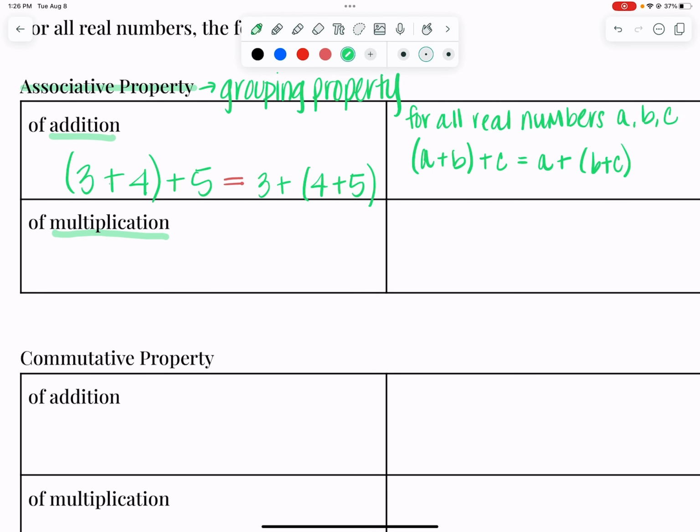The associative property of multiplication is very, very similar. The only thing we're going to change is the operation. So if I use the same numbers, I could do 3 times 4, then multiply by 5.